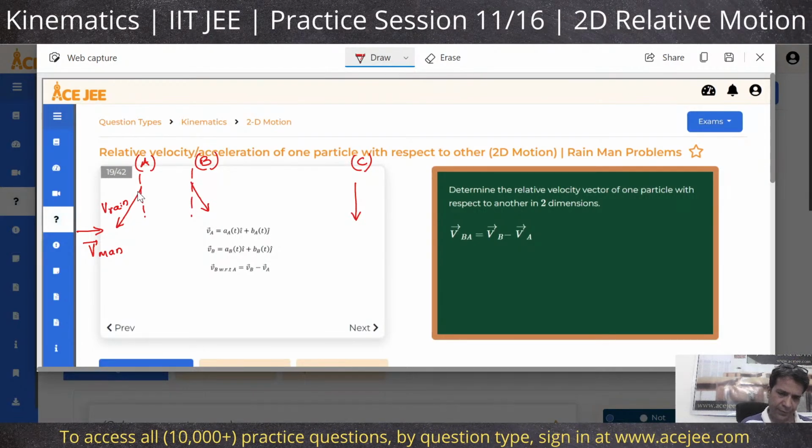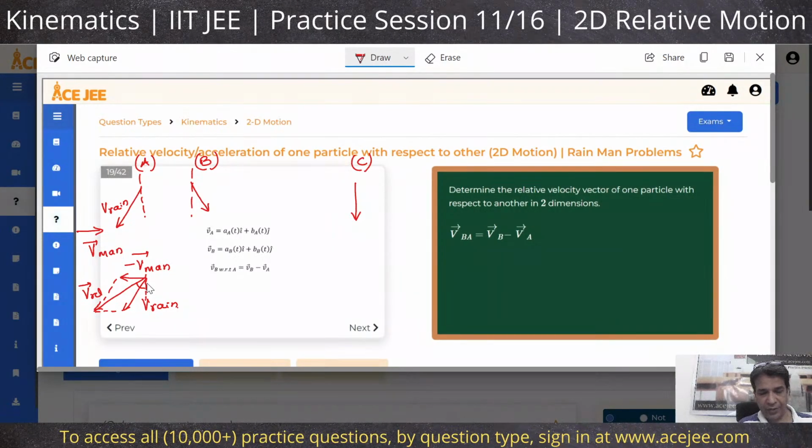Add these two vectors. We know the V rain. In this scenario, this is my V rain, and this is minus V man. And this is V rain. The resultant vector is this, V relative. If the question asks what is the angle that it makes with the vertical, they're asking us to determine this angle.